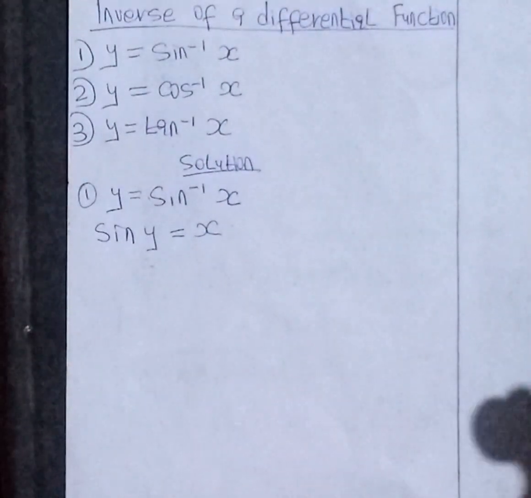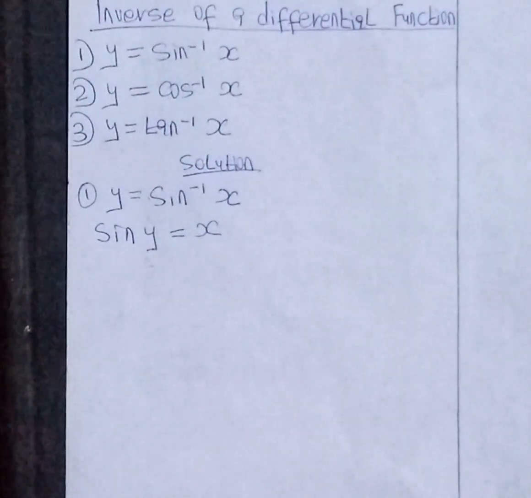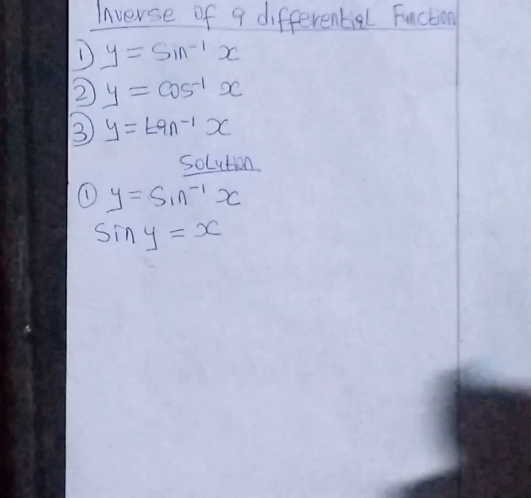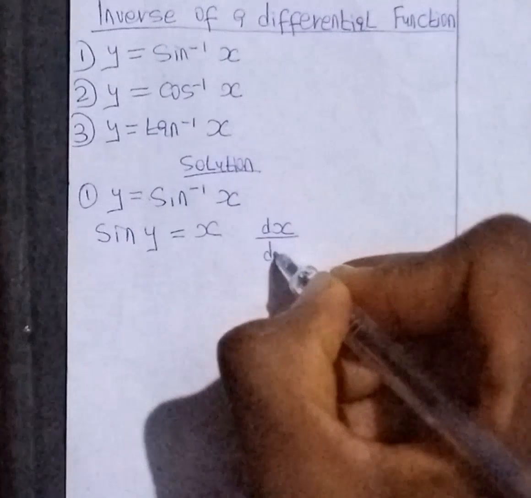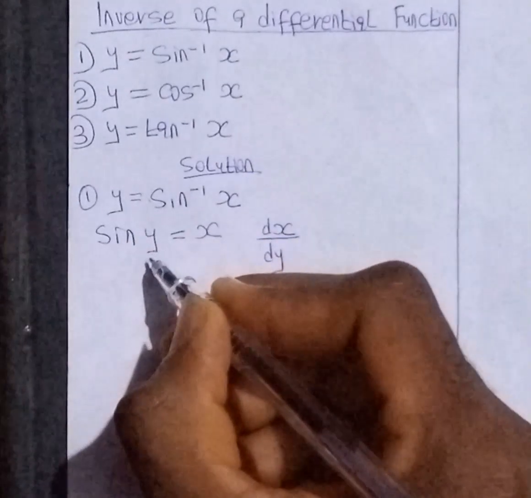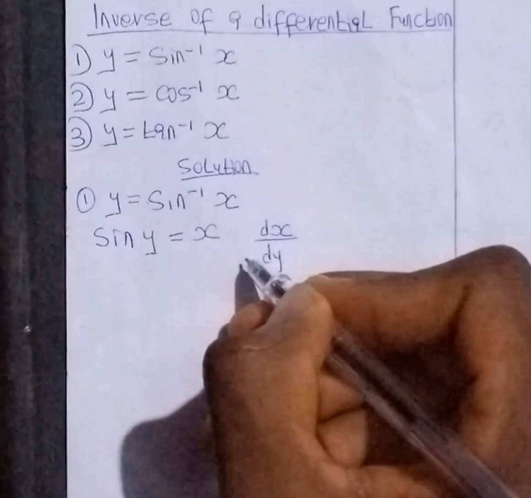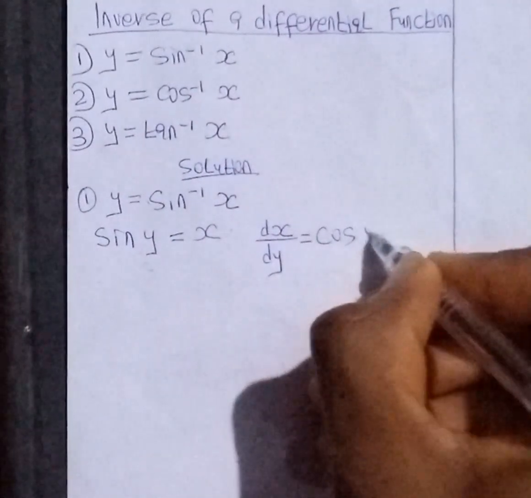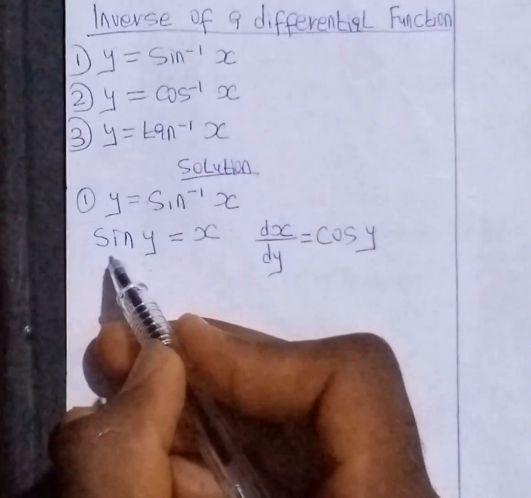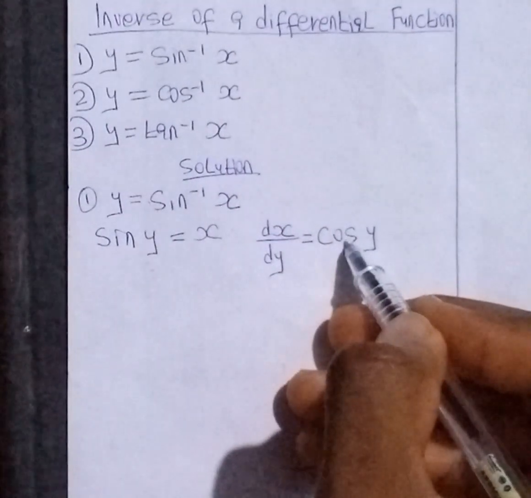Then differentiating, if we differentiate x with respect to y, we have cos y, as differentiation of sine gives us cos.